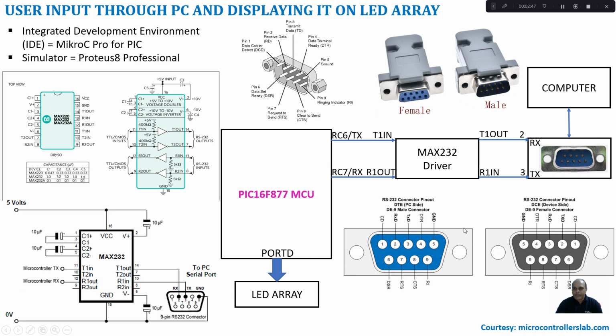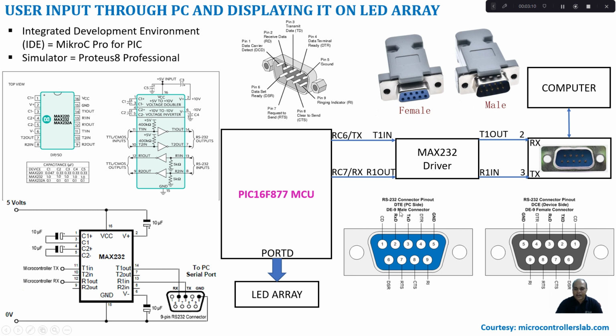The important pins here are the transmission pin, receiver pin and the ground line. Other signals, DTR, CD, DSR, RTS, CTS, RI, are handshake signals. Right now we will take these three lines: TXD, RXD and ground.